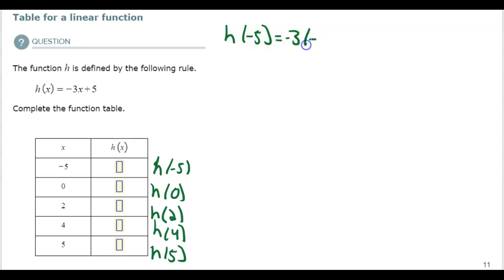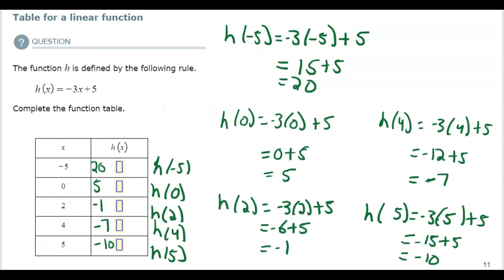Everywhere I see an x, I'm going to put negative 5 in. So that'd be 20. Go ahead and pause and do the rest on your own. Okay, this is what we should have gotten for this one.